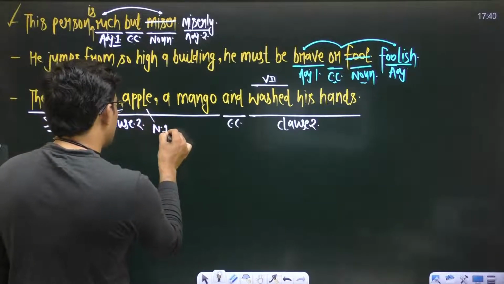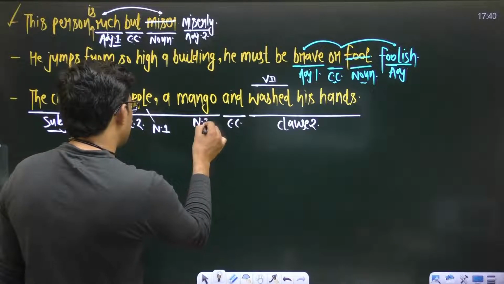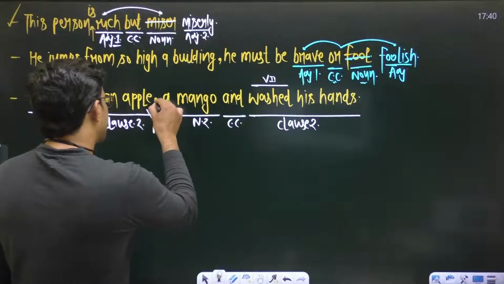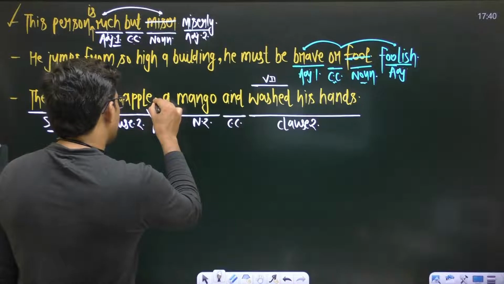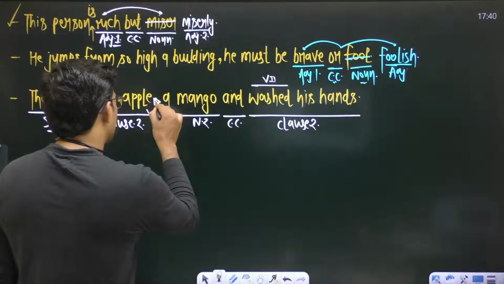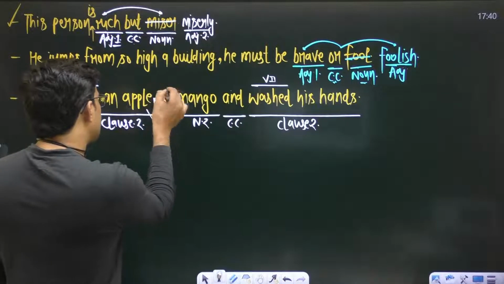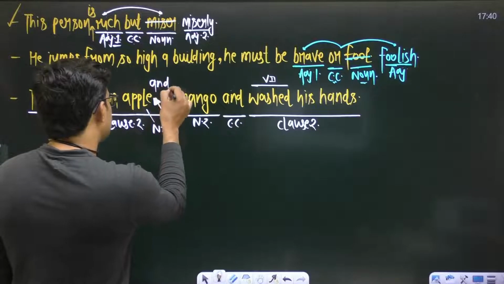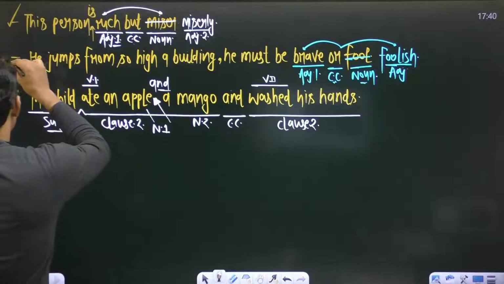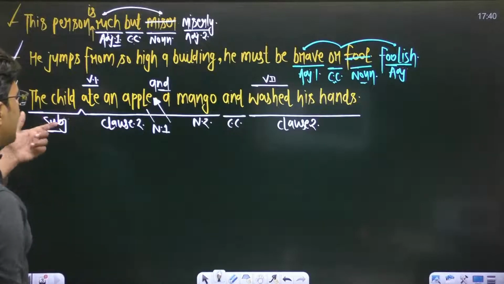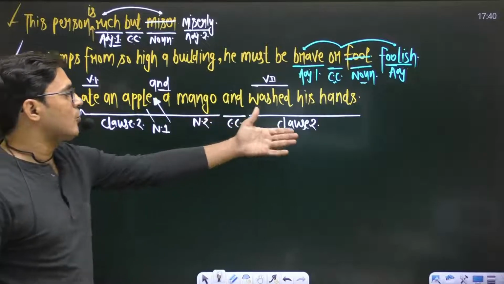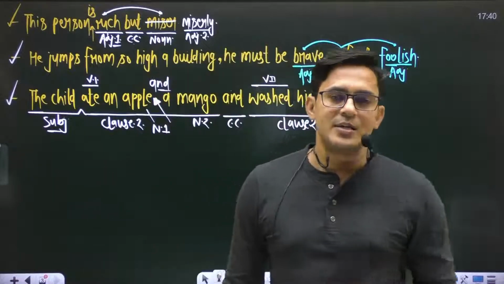This one is noun one and this one is noun two. And as we know, to connect two different nouns, we need another conjunction over here. If you speak like this, the child ate an apple and a mango and washed his hands, now the sentence will be okay.